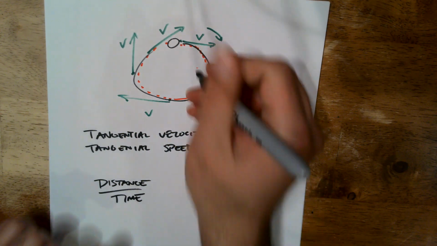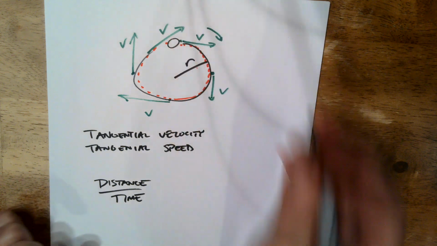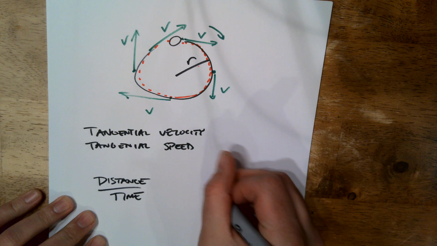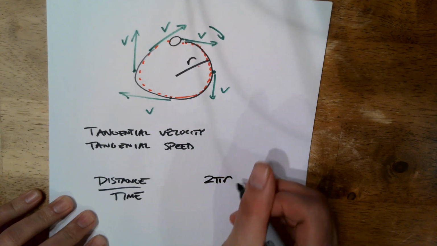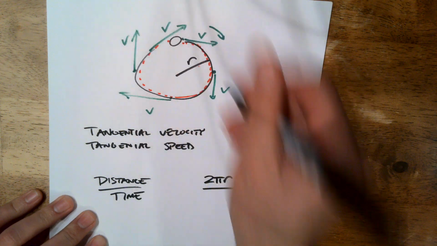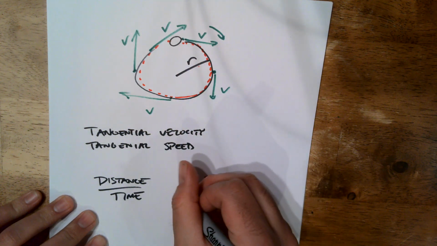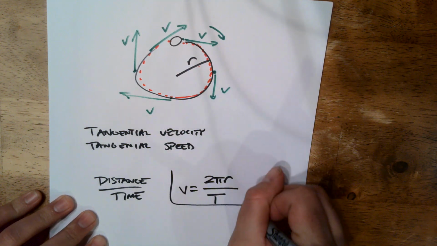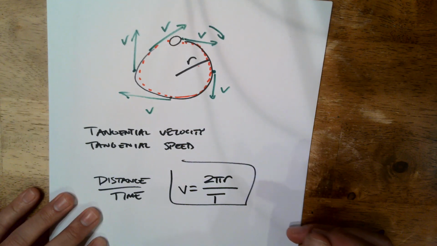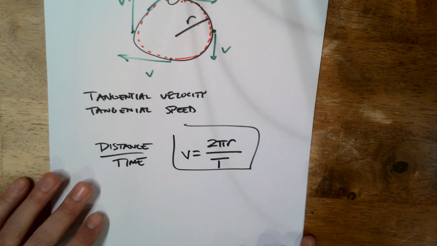And if our objects are moving in a circle, their path has a radius, r, so that distance would be 2 pi r. And the time that it takes to do that, one full cycle, is the period T. So we can write our tangential speed as v equals 2 pi r over T. That's how you solve for velocity or speed in uniform circular motion.